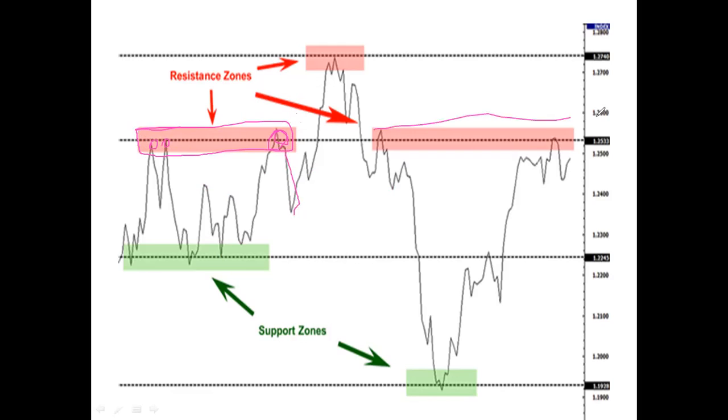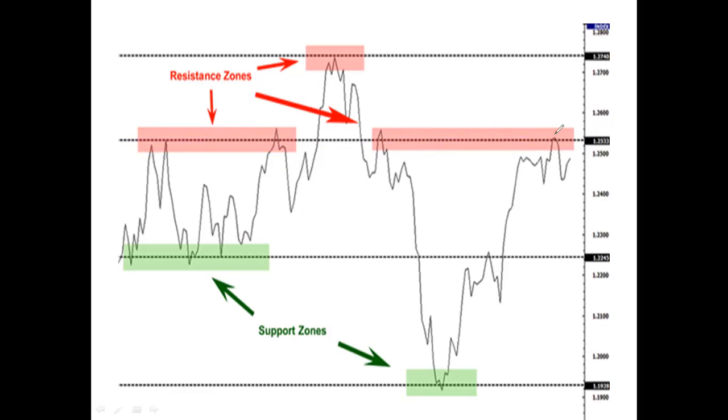Here is also seen as a zone and not just a line. Because if you want to consider the line, you realize that price actually broke through that line, the resistance line. Sorry, yeah, the top one is the resistance line. Price actually went above the resistance line.